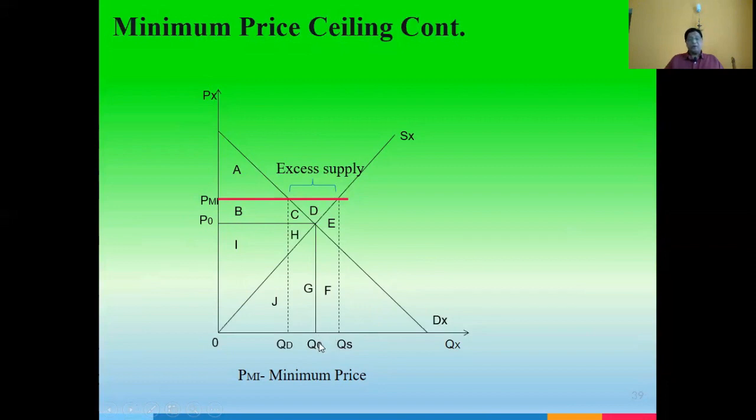But demand declines from Q0 to QD because now the price in the market is above the equilibrium price. Therefore, the difference between QS and QD is the excess supply of the product. There is an excess supply in the market.